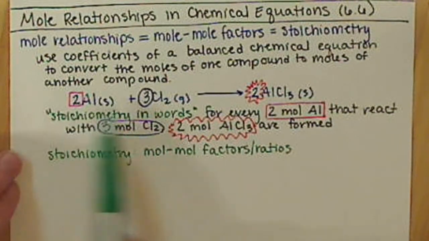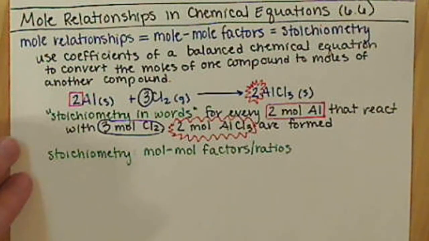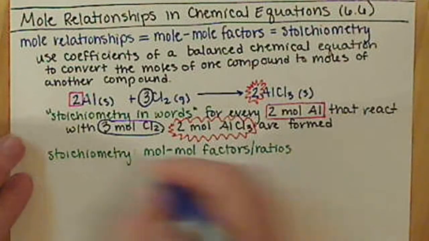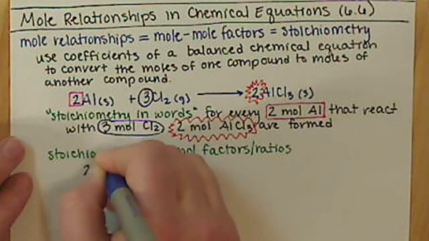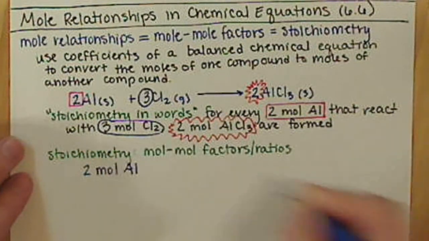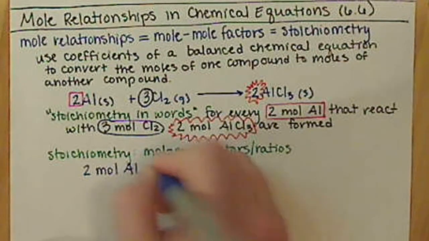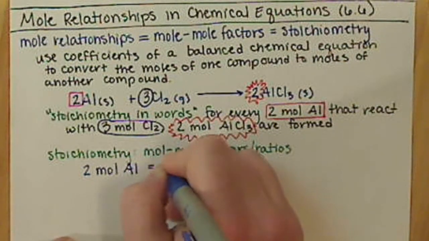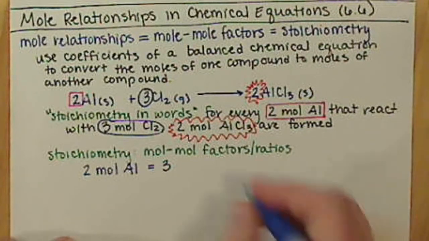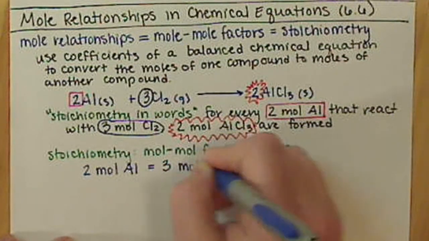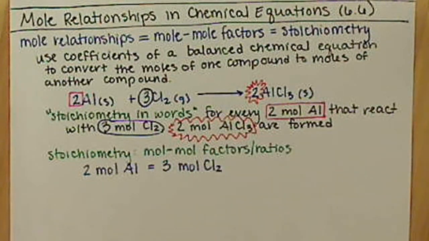What we're going to do is take these coefficients to develop these mole-to-mole factors. So for every 2 moles of aluminum, we have the ratio of 3 moles of chlorine.